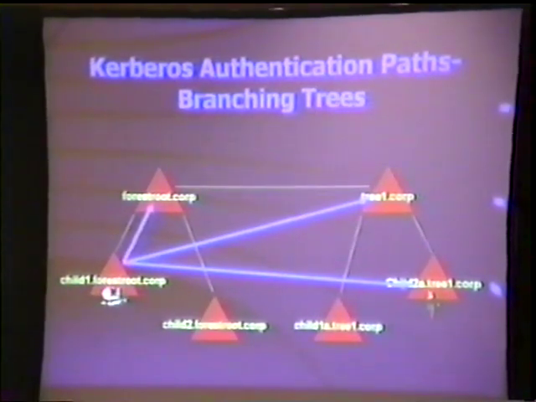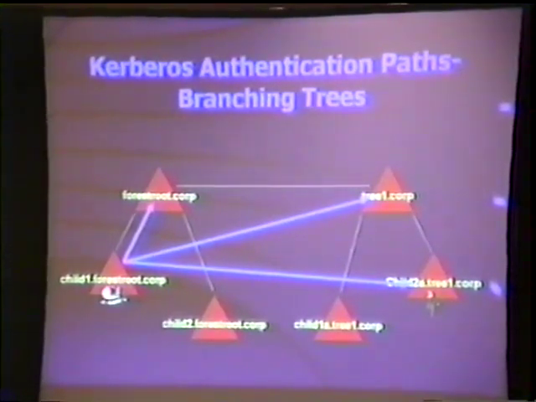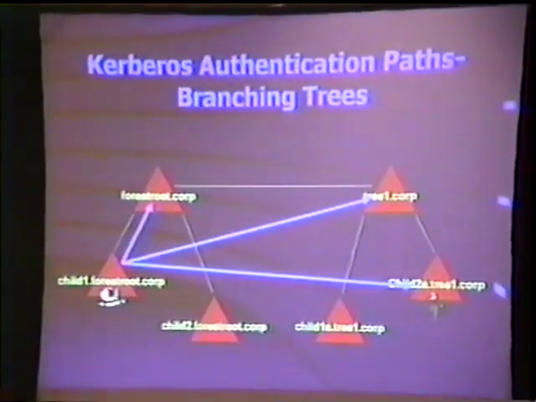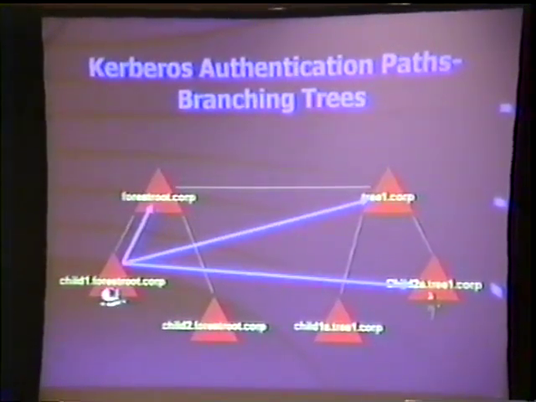But in the case of authenticating this user, users are always authenticated by domain controllers for their own domains. Sometimes people think global catalog servers perform authentication. The only time a global catalog server authenticates you is if you're a user in the domain for which it is a domain controller. So a user logging onto this machine, the trust path is going to have to go child to parent to root to child in order to get that user authenticated.